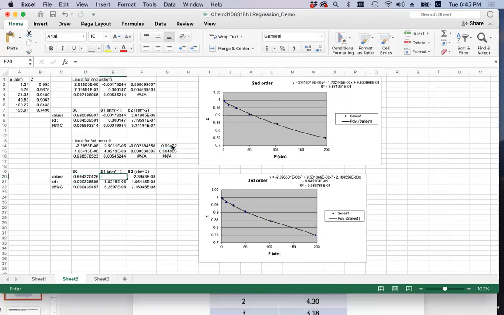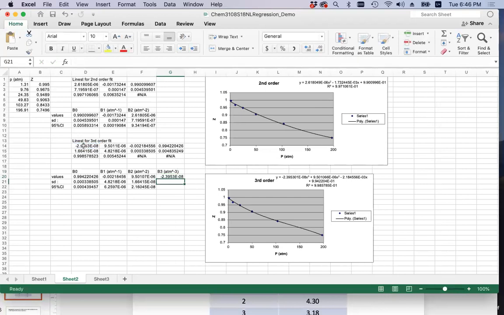The b1 is going to equal minus 0.002. The b2 coefficient is going to equal this next parameter here. And the b3 coefficient, which is going to have units of reciprocal cubic atmospheres, so atmospheres to the -3, is going to be this column here.